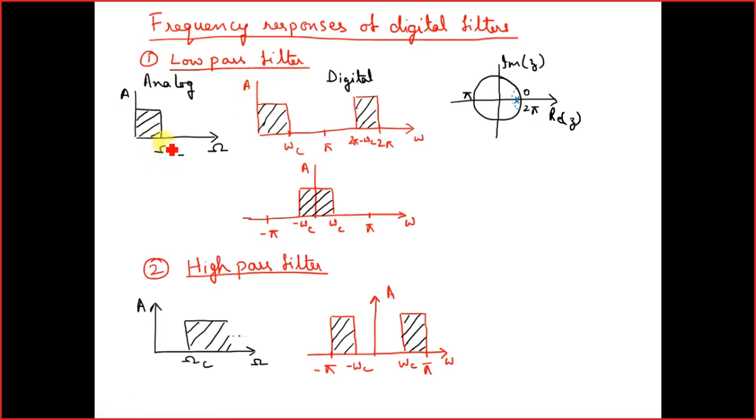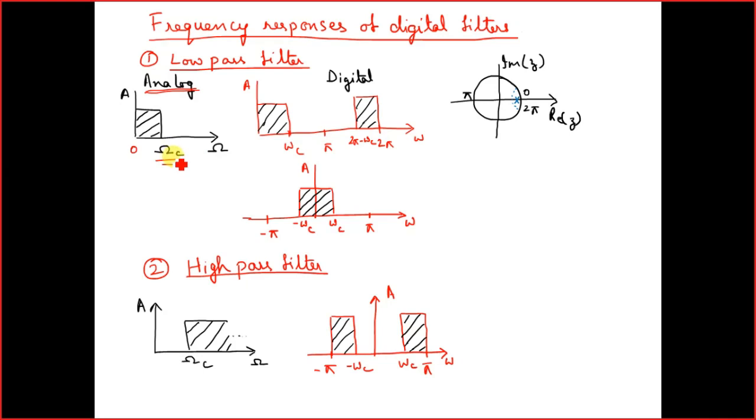In the first part, I talked about the analog low pass filter, which has a cutoff frequency omega c. This is an ideal filter: from 0 to omega c, the frequencies of the signals are passed, whereas frequencies greater than omega c are rejected.